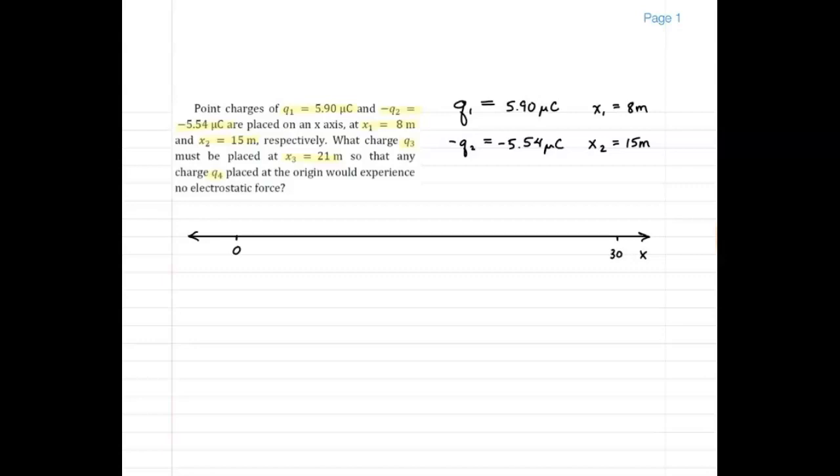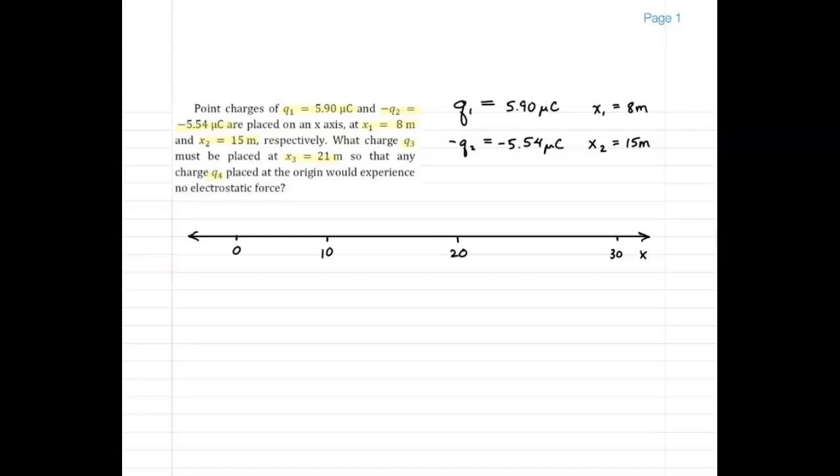That means we divide this equally into thirds, so say 10 is here and 20 is here. It doesn't have to be exact, we just need to know where everything is for the charges. So actually I'll just move this over a little bit, make it better. 0, 10, and 20.